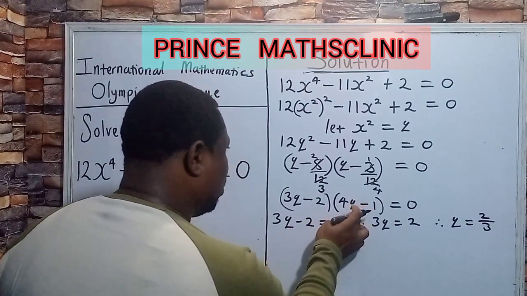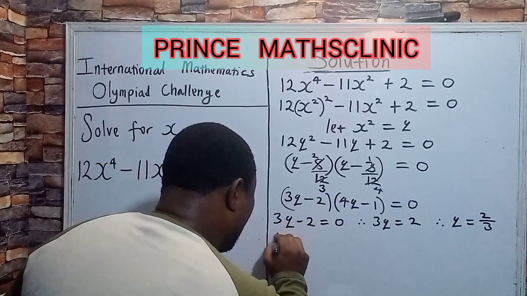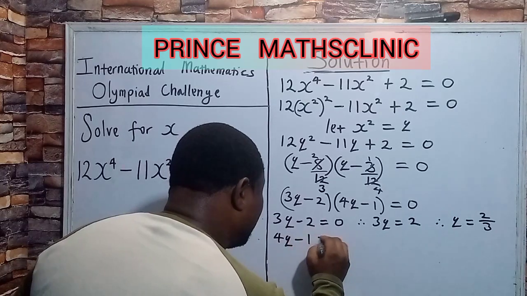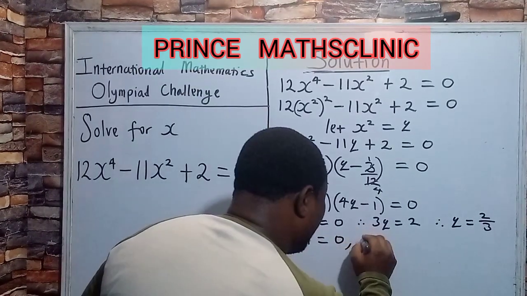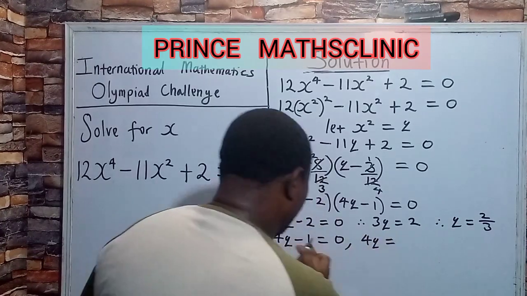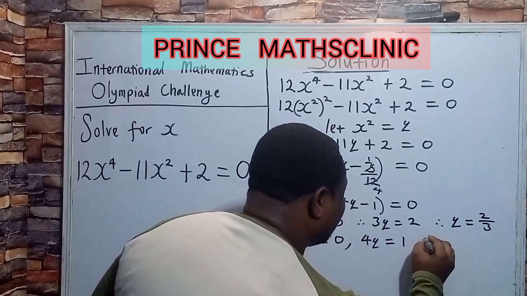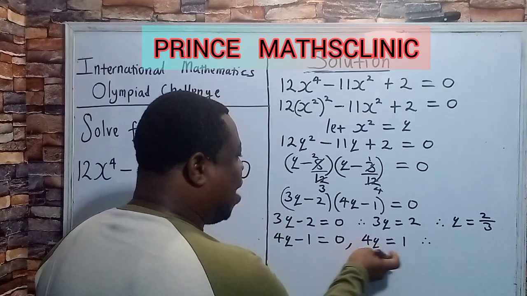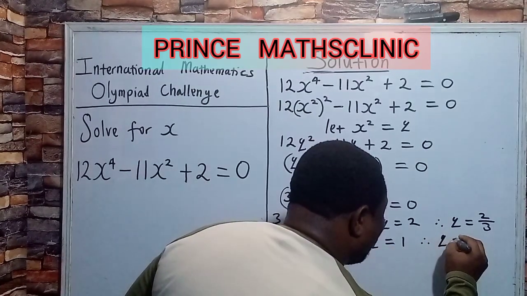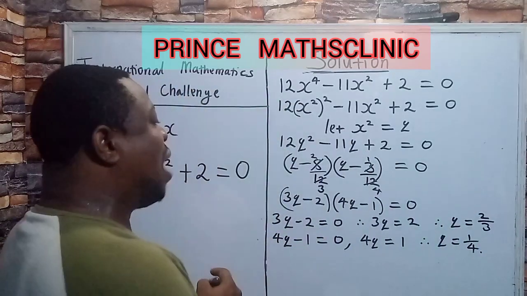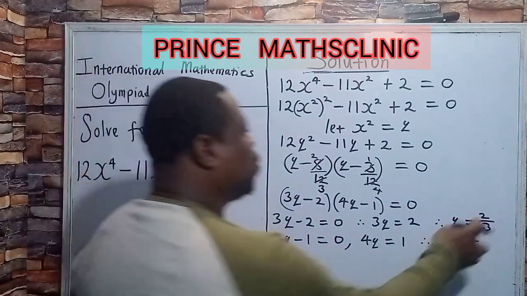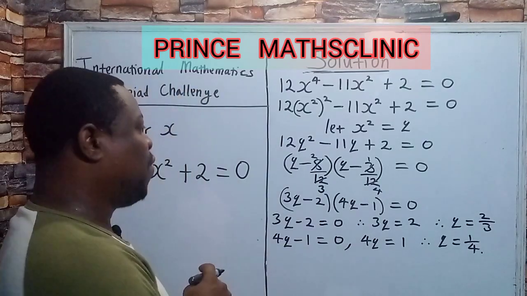Then also, 4q minus 1 can also be equal to 0, which means that my 4q, if 1 crosses here, it becomes 1. Therefore, if I divide both sides by 4, my q will become 1 over 4. So I have 2 values now for q, which are 2 over 3 or 1 over 4.